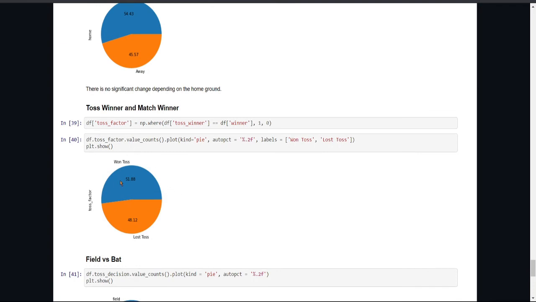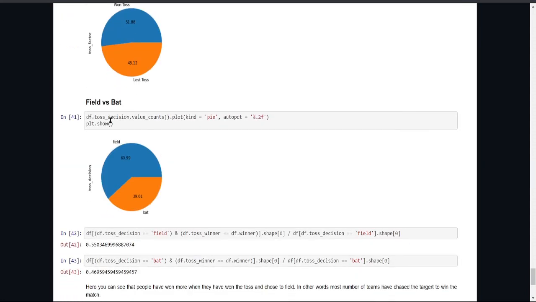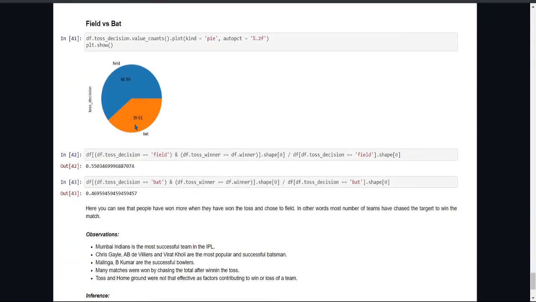The toss winner has won the match 51% of the time, and the toss winner has lost the match 48%. The team who had won the toss and chose to field have won the match 60% of the time, and those who chose to bat have won 39% of the time.